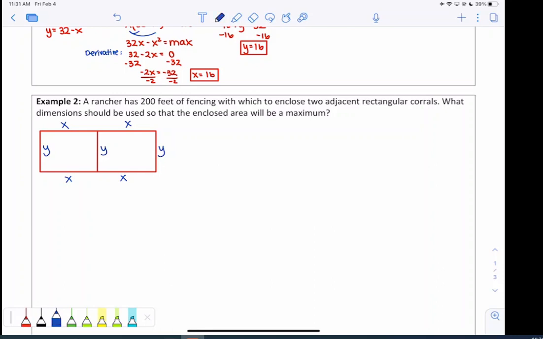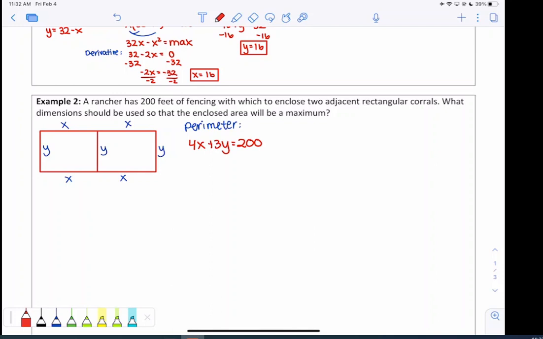So if I wanted to write an equation that describes my perimeter, what would that equation be? Yeah, I have 4 x's and 3 y's, and all of that together makes up my 200 feet of fencing.